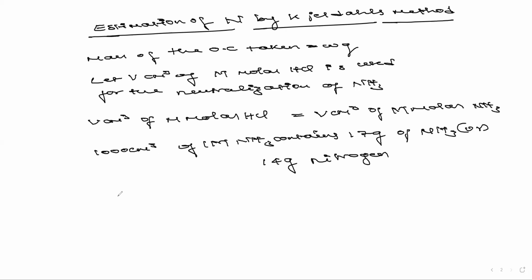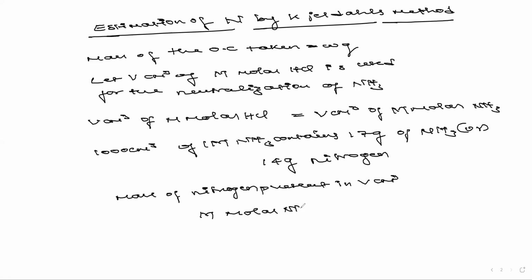So finally, mass of nitrogen present in V centimeter cube of M molar NH3 is equal to 14 into V into M divided by 1000 into 1.